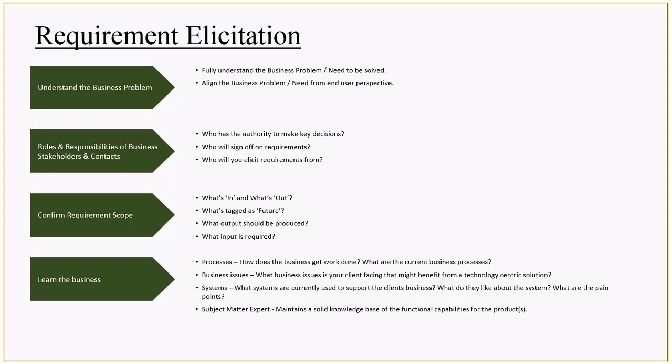Confirm requirement scope. When we are discussing at the scope level, prepare a tracking sheet or matrix where we write down what's in scope and what's out of scope, what's tagged as future scope, what output should be produced for each of these scope items, what's the expectation from the business, and what input is required to achieve these scope items.